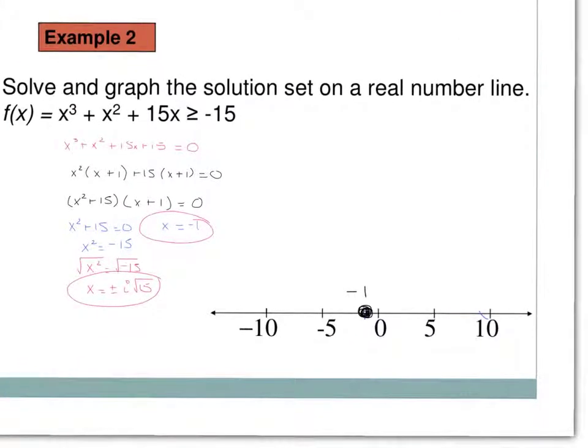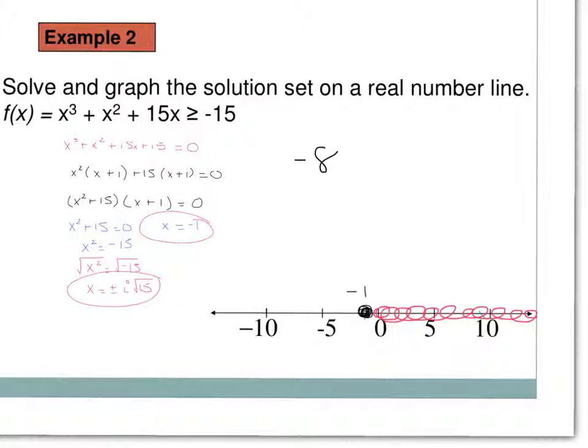Let's substitute 0 in here. 0, 0, 0, 0. Is 0 greater than negative 15? Yes, it is. Okay, so this so far includes our solution. Let's test negative 2 or anything that includes a negative number. I'm testing the sign because I think it's easier to test the sign. So let's say negative 2 cubed, negative 8.